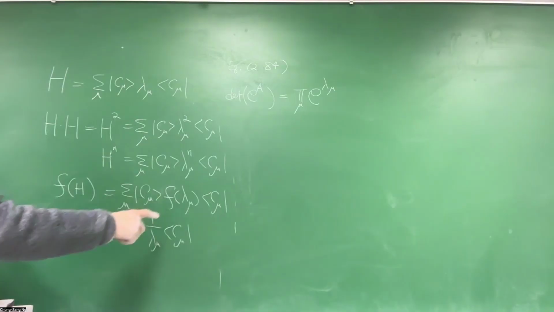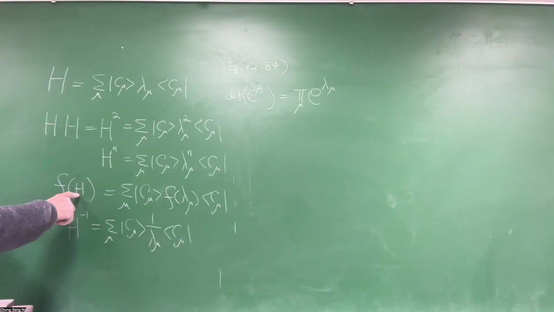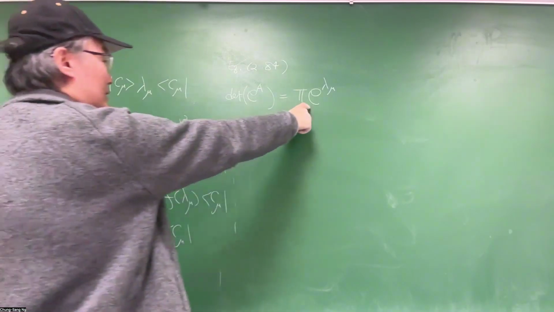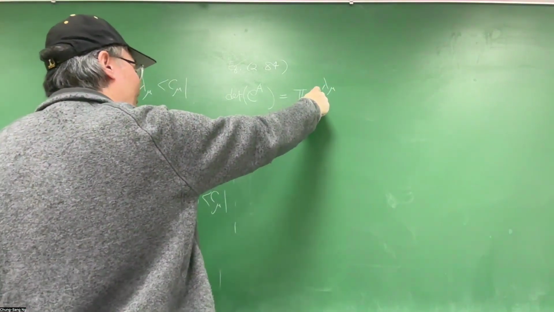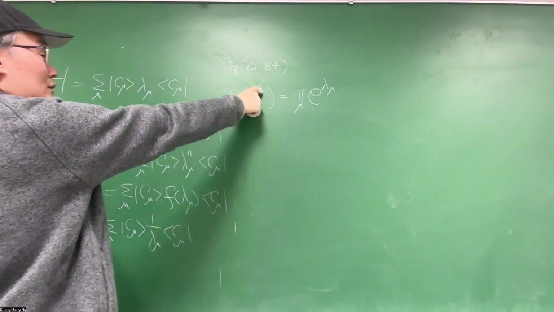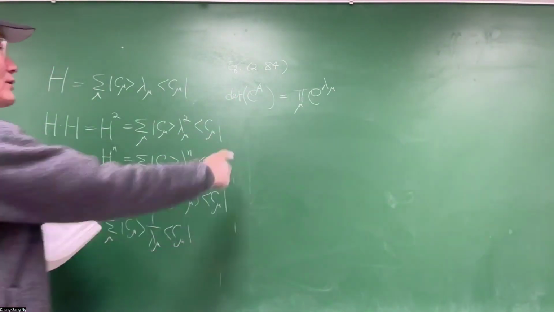So e to the A has f, the eigenvalue f evaluated at lambda. In this case, exponential lambda mu is the eigenvalue for this operator e to the power A, right?